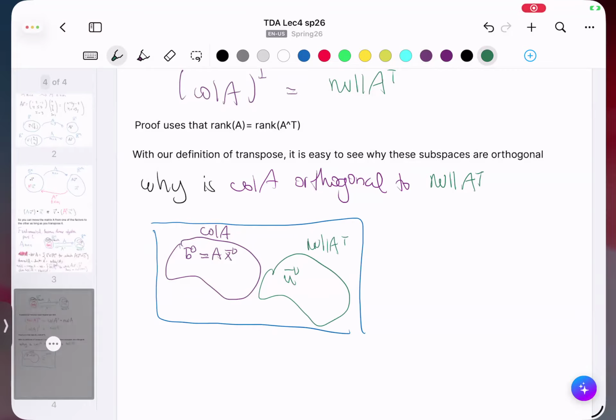It just means that it solves a homogeneous system of equations, but for A transpose. That's what a null space is. That's the solution to the homogeneous system. So that means that this vector u solves A transpose times u equals 0.